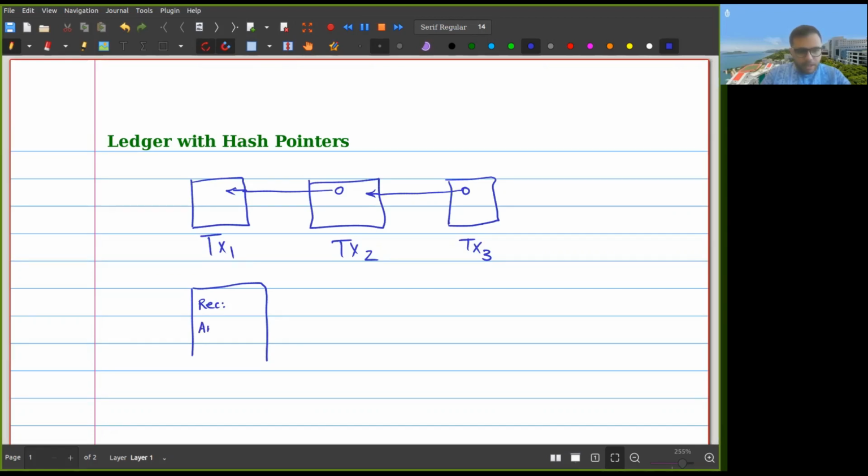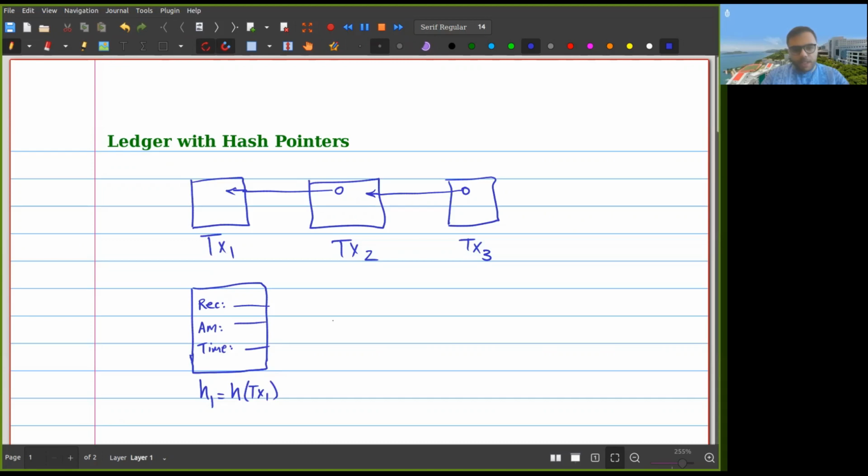It has like an amount. I don't know, it maybe has a timestamp and all these things. So I take all of this transaction as a single string of zeros and ones, and I just compute its hash. So I would say H1 is the hash of transaction 1.